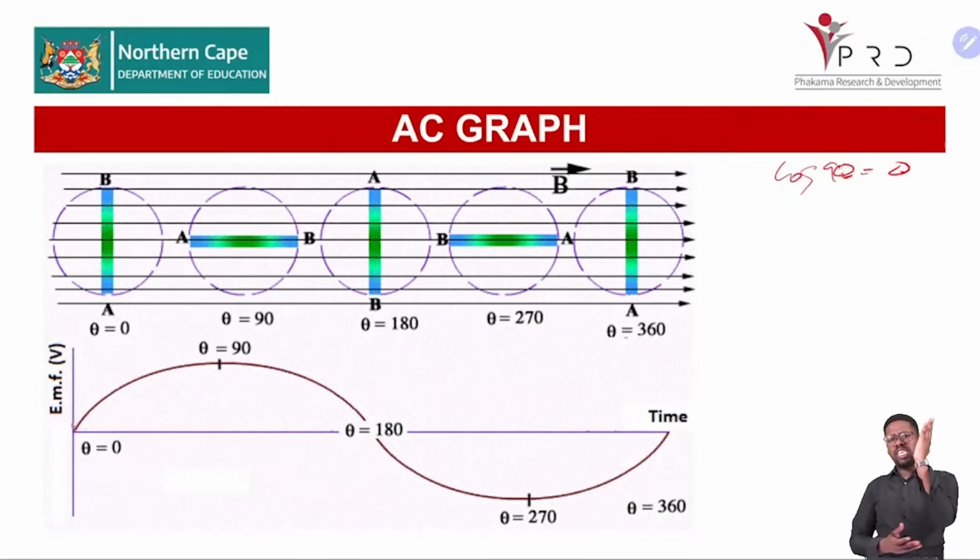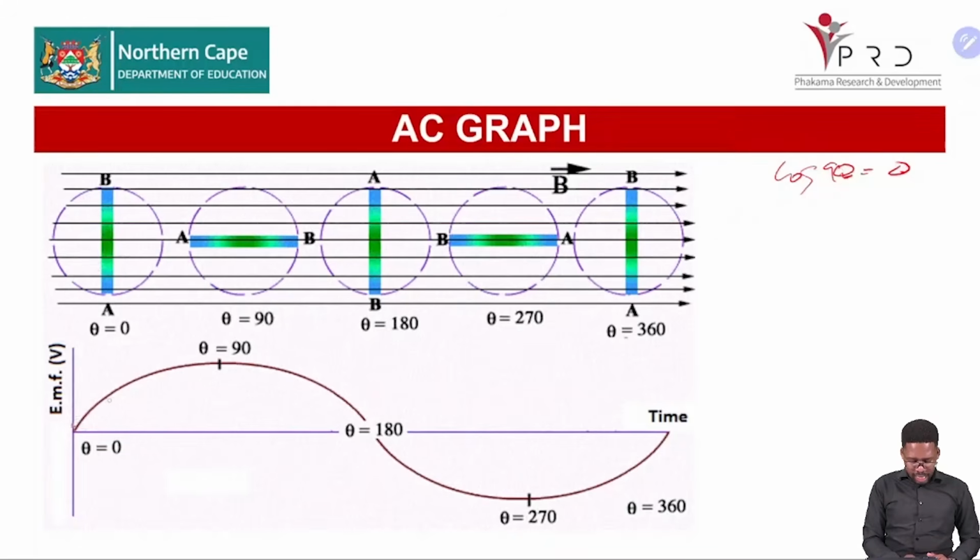So if the coil is perpendicular to the magnetic field lines, then we're going to have zero EMF, zero current. And then as the coil rotates, that is when we're going to have an interaction of magnetic field through the area of the coil. What will happen to the EMF?